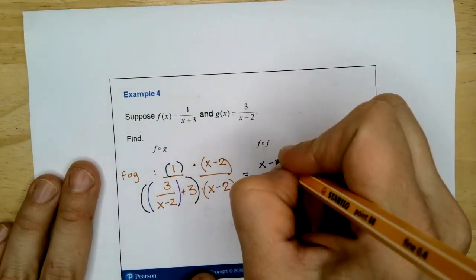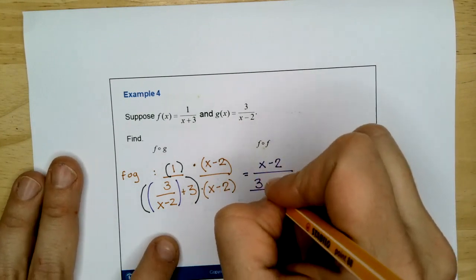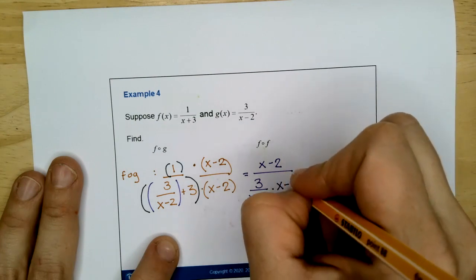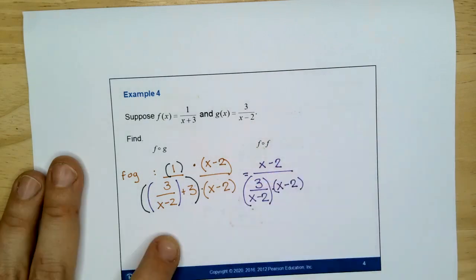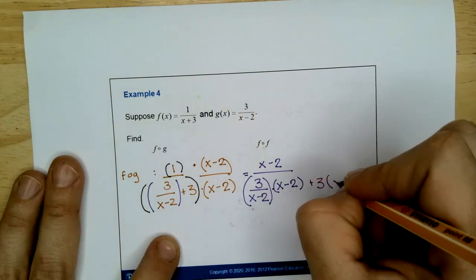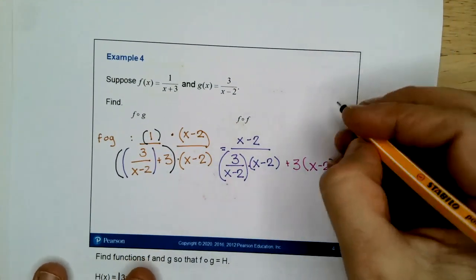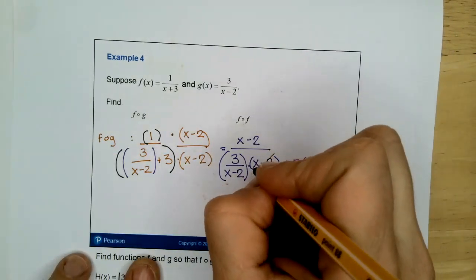So that's going to give us simply x minus 2 on the top. Down here, it's going to give us 3 over x minus 2 times x minus 2 plus 3 times x minus 2. So that's going to cancel.